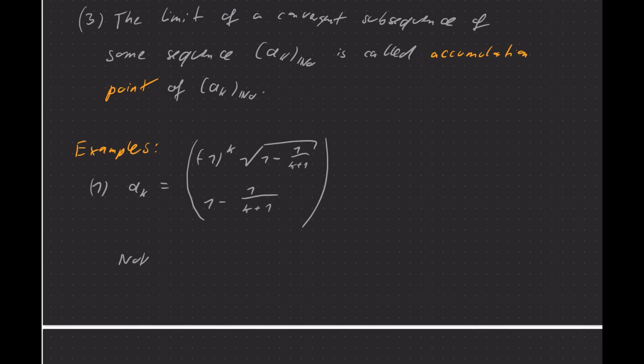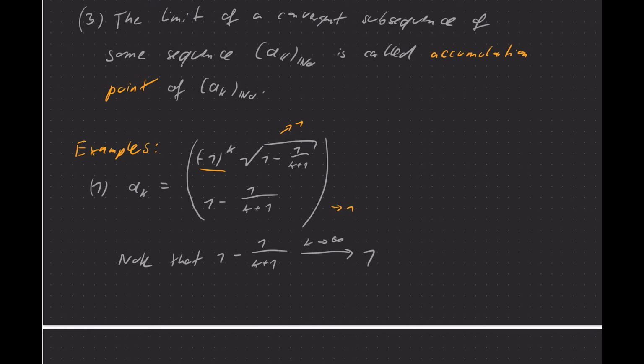First note that this second part here, 1 minus 1 over k plus 1, of course converges, and it converges to 1 as k goes to infinity. This part here would also converge to 1, but then we still have this (-1)^k.